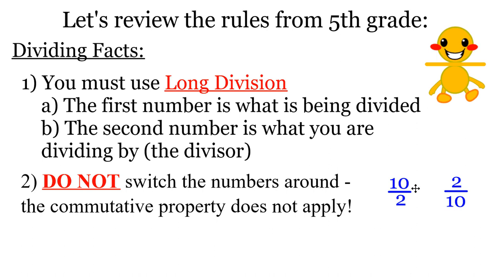So we can't move the numbers around and come up with the same answer. It doesn't work for division. It's kind of interesting to note that for addition and multiplication, operations that make things go up or get larger, you can use the commutative property there. But with operations where things are decreasing, like division or subtraction, you can't use the commutative property. You can't have things move around.